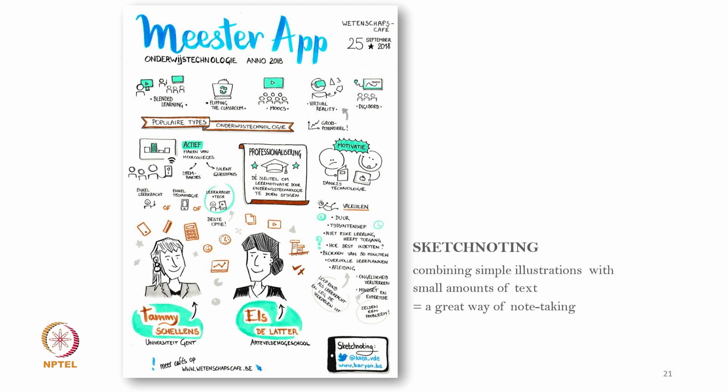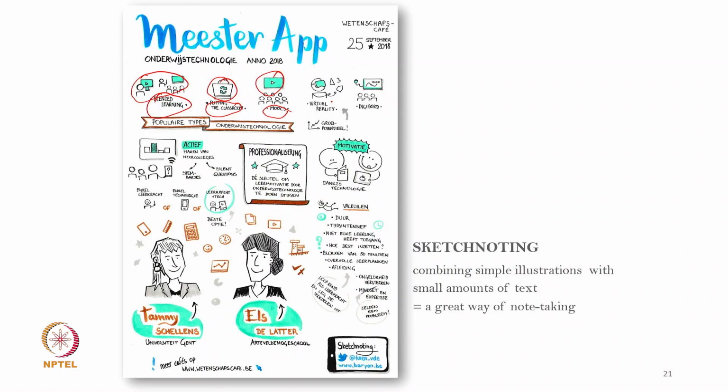Here we have the text blended learning, and in the same way related graphics are given for blended learning, the classrooms, flipping the classrooms, and so on. For MOOC, the online course, we have related graphics. Sketchnoting is another way to represent simple information graphically, in both textual and graphical manner.